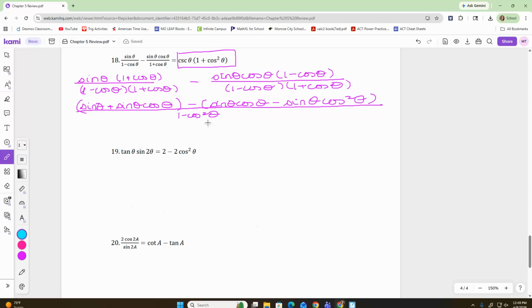What do I do with my negative? Then sine, cosine, minus sine, cosine, those cancel out. So I'm left with sine, cosine squared. On the bottom, what is 1 minus cosine squared?